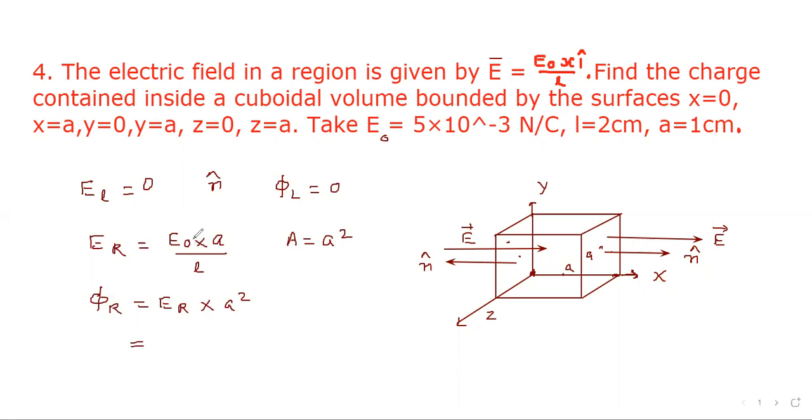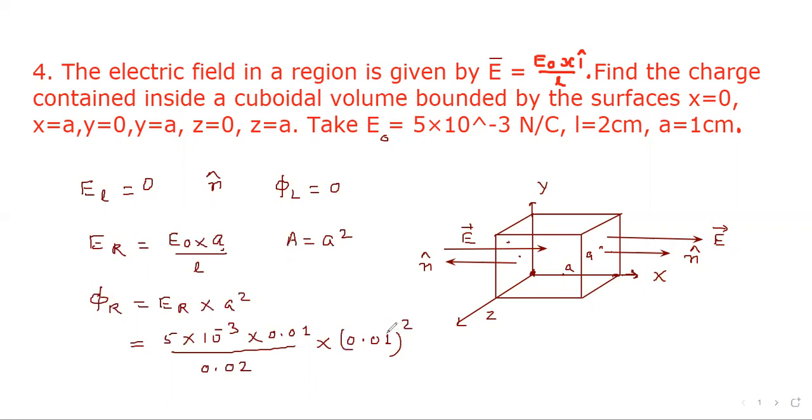So E0 is 5 into 10 to the power minus 3 times a. a is 1 centimeter, so it is 0.01, divided by L. L is 2 centimeter, 0.02, times the area of the face a square, that is 0.01 square.